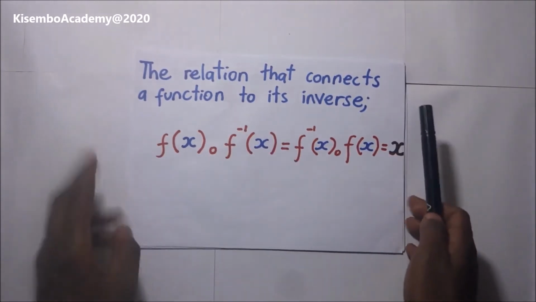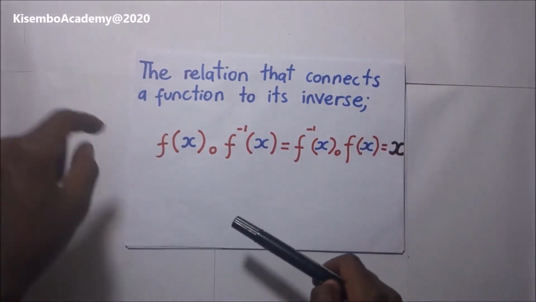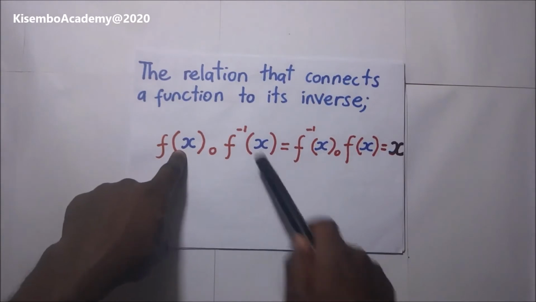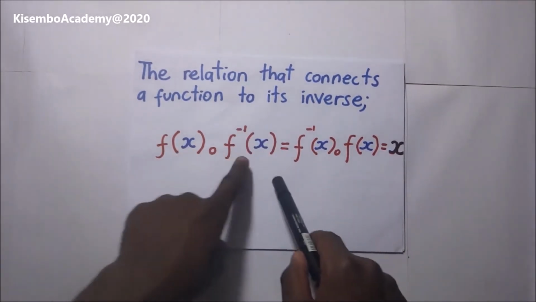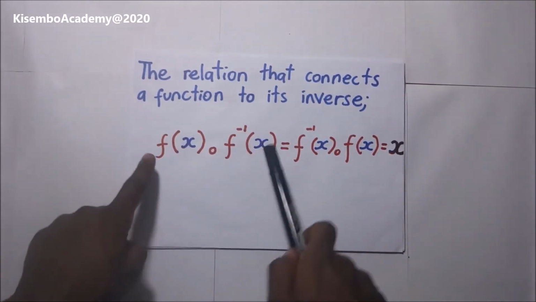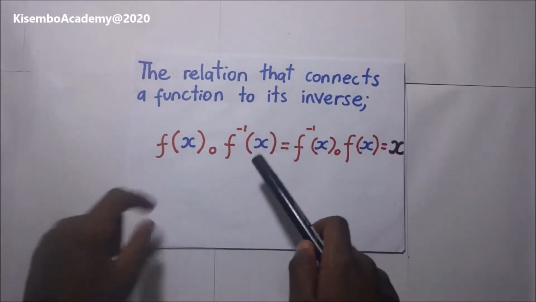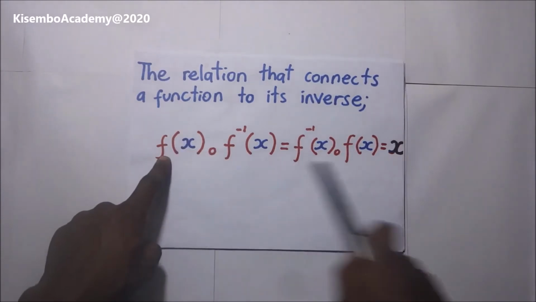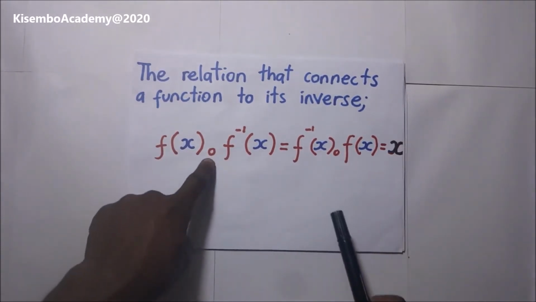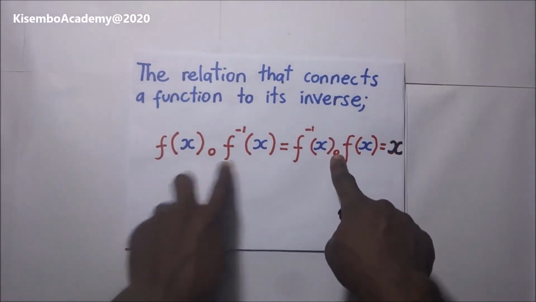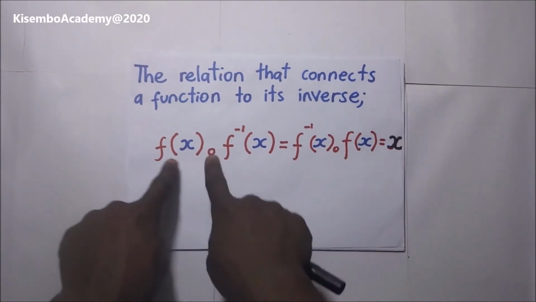So if you have two functions, one is f of x and the other is its inverse, then for that to be true, those two functions are supposed to satisfy this relation. And this simply means that these two are composite functions, not multiplication.